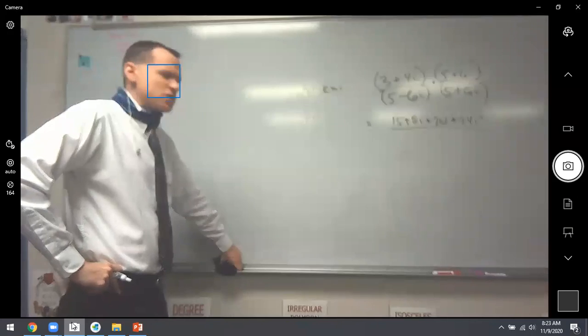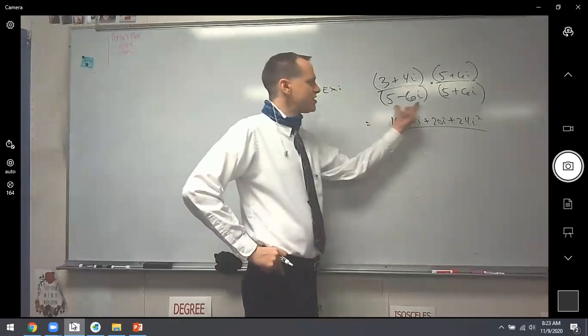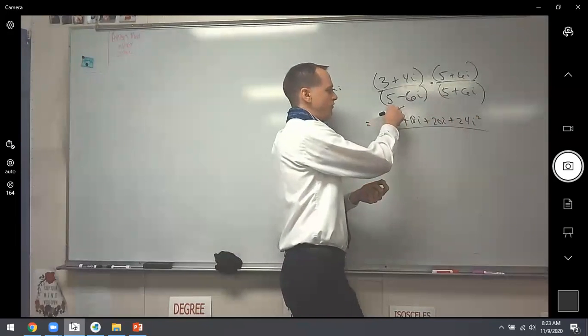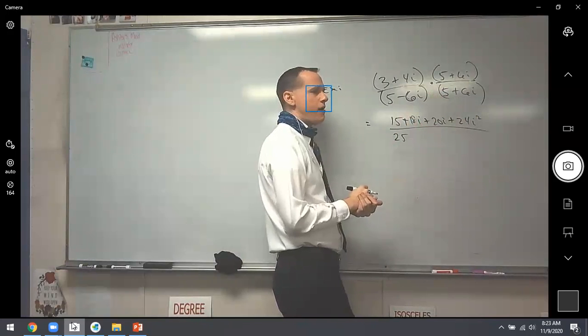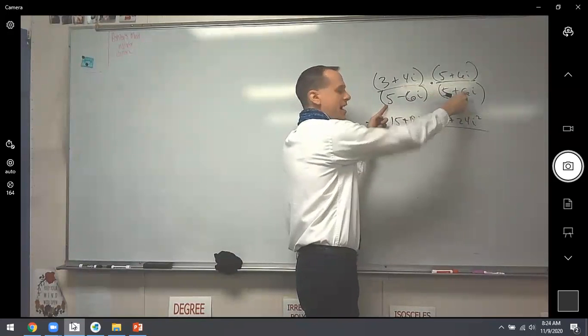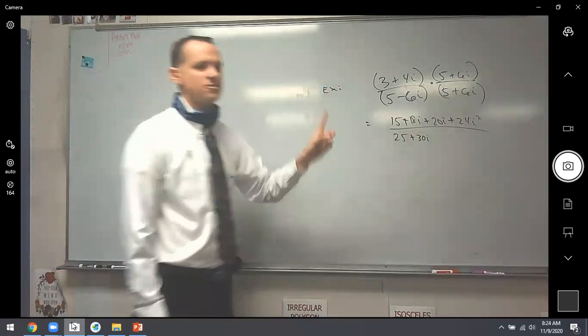Now we'll need to clean that up, but let's just go and get the bottom over with too, because we've got to do the exact same thing on the bottom, right? We've got to multiply this times that on the bottom. So again, we're going to distribute this thing out. And here we go. 5 times 5 is 25. 5 times positive 6i would be positive 30i. And the 5 has been distributed to both.